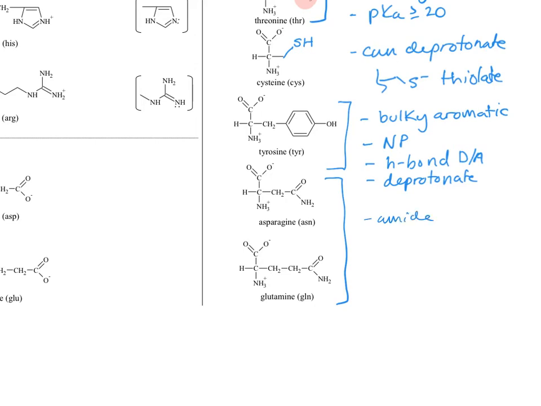Amides, they're either 1 carbon or 2 carbons out, but they behave chemically very similar to each other. They're a tremendous H-bond donor and acceptor, and of course that's going to be good for water solubility. Everything on this page actually is good for water solubility because of that ability to interact with water.